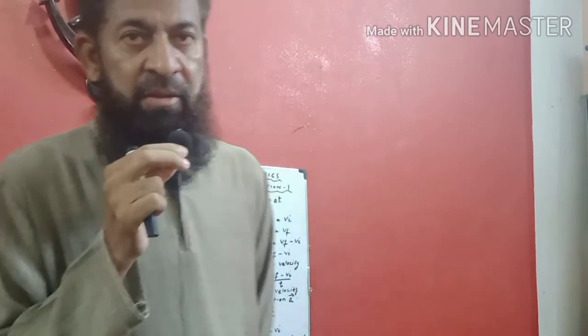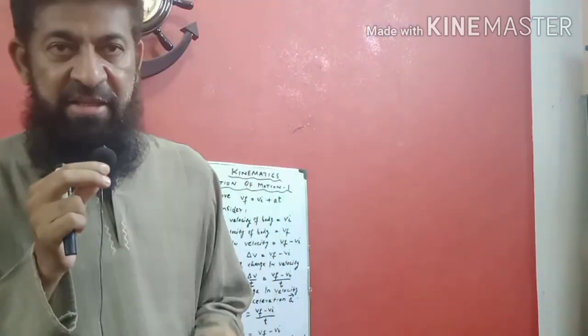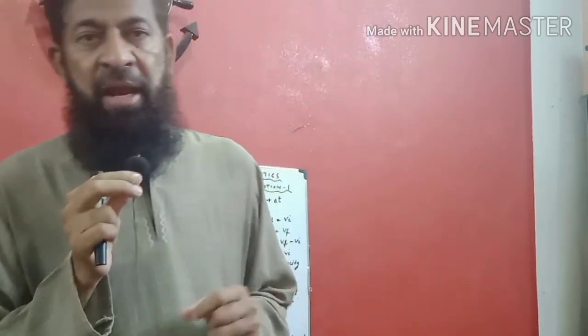Acceleration is a vector quantity, and it is specified by the unit meter per second square. So I hope that you know the basic definitions of speed, velocity, acceleration, distance, displacement, and rest and motion.